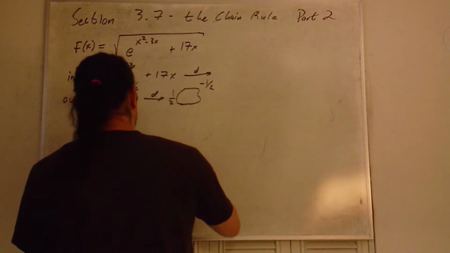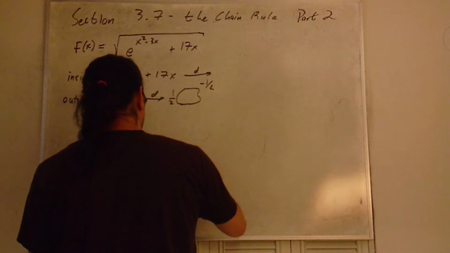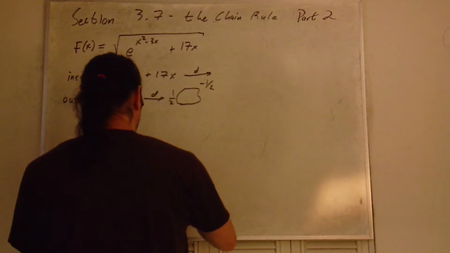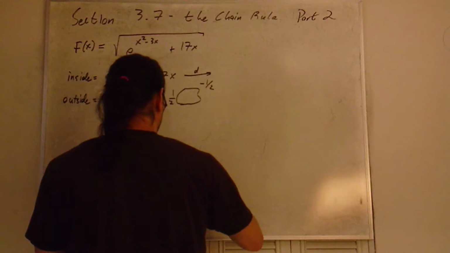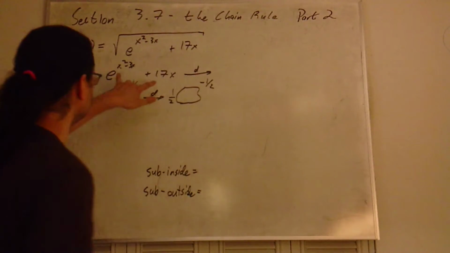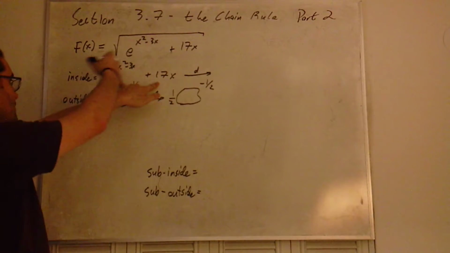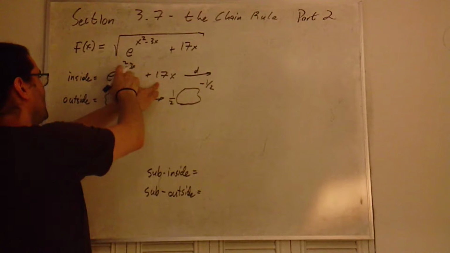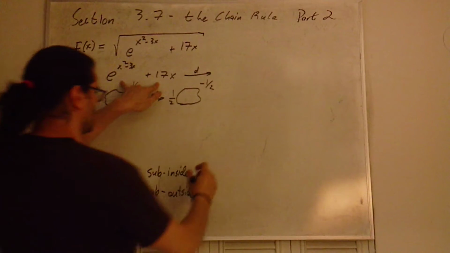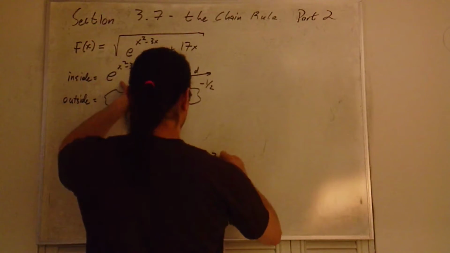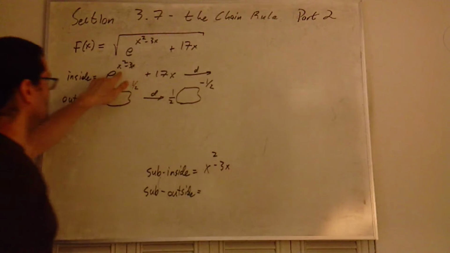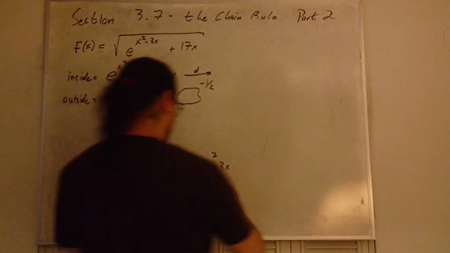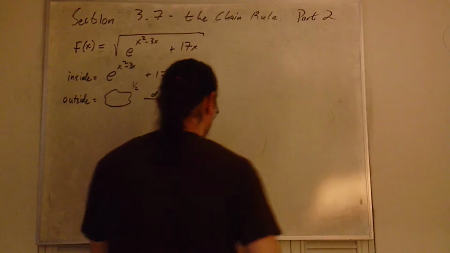We'll do a sub inside and a sub outside, looking at just this thing so we can find the derivative of just this. The inside thing here is going to be x squared minus 3x. That's what's inside this e to the something. The outside is e to the something.